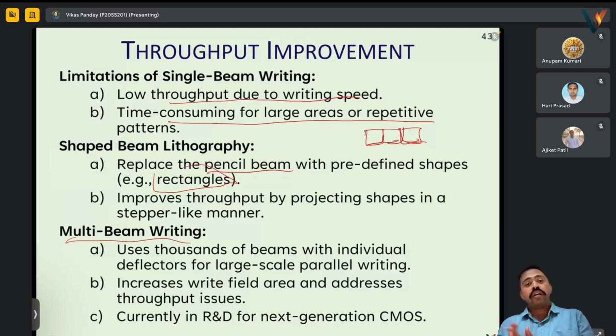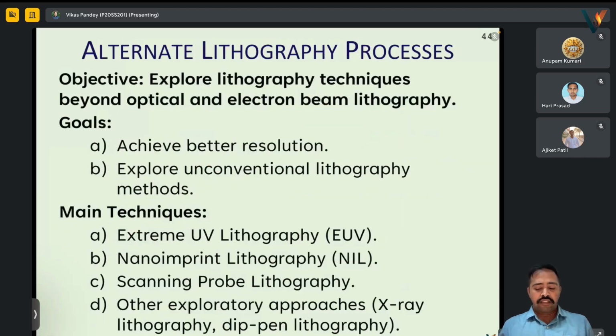Apart from this, there are some other alternate techniques which we have discussed somewhere. Sometimes photolithography is not good for us, but electron beam lithography is also not the ideal solution. We need something in between.